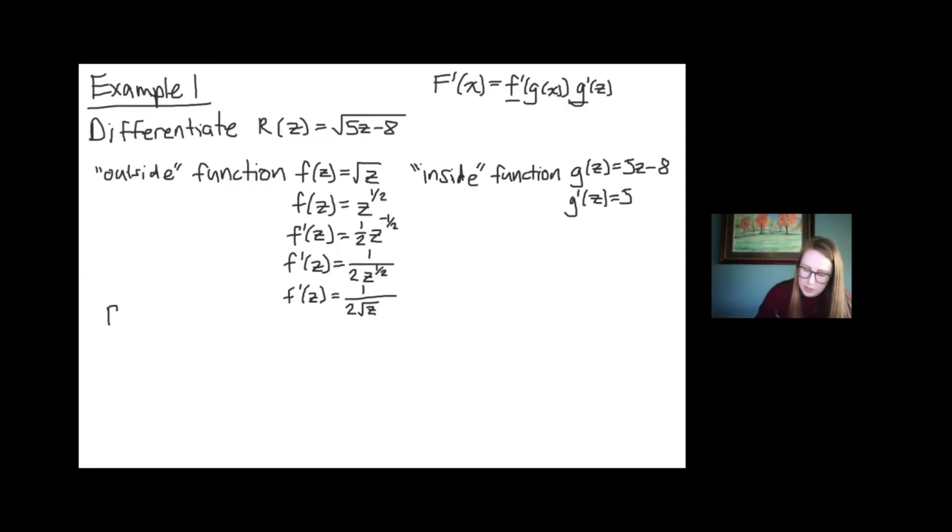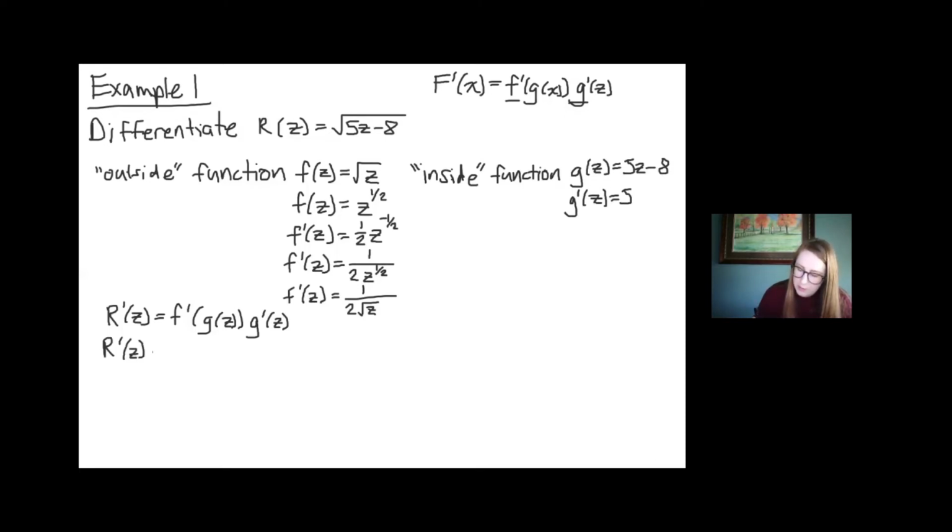So now that we're using the chain rule, we're back to our original function, capital R, and we're taking the derivative. So that's going to be f prime of g of z times g prime of z. Now we're just going to plug in what we have.